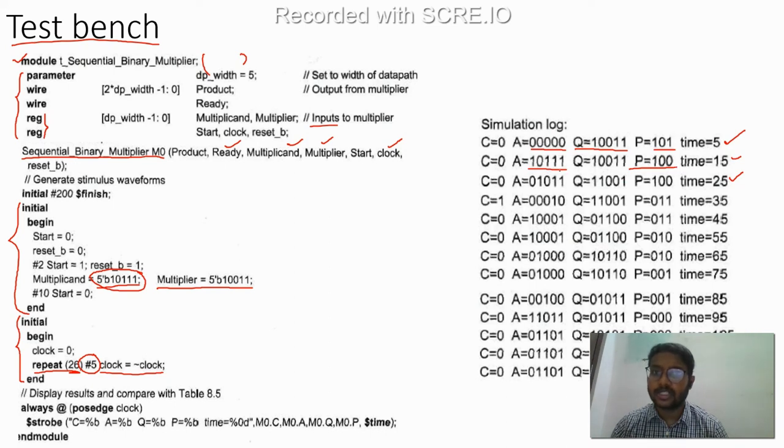Upon the next clock pulse, you just shift them, right? You shift right this 1001, and this particular bit you write into the MSB of q. You do this until you see the counter is 0. Once your counter is 0, that is your end product, right? So your end product is this.